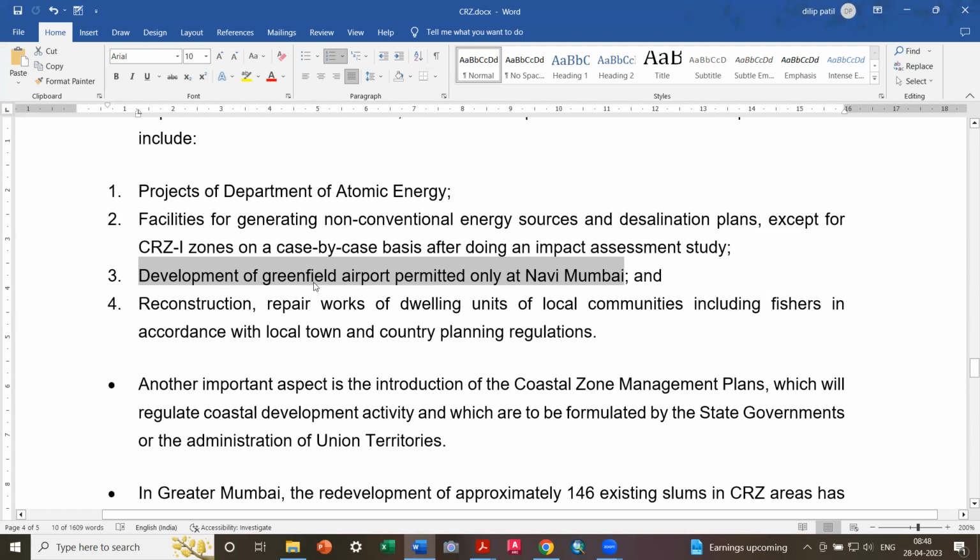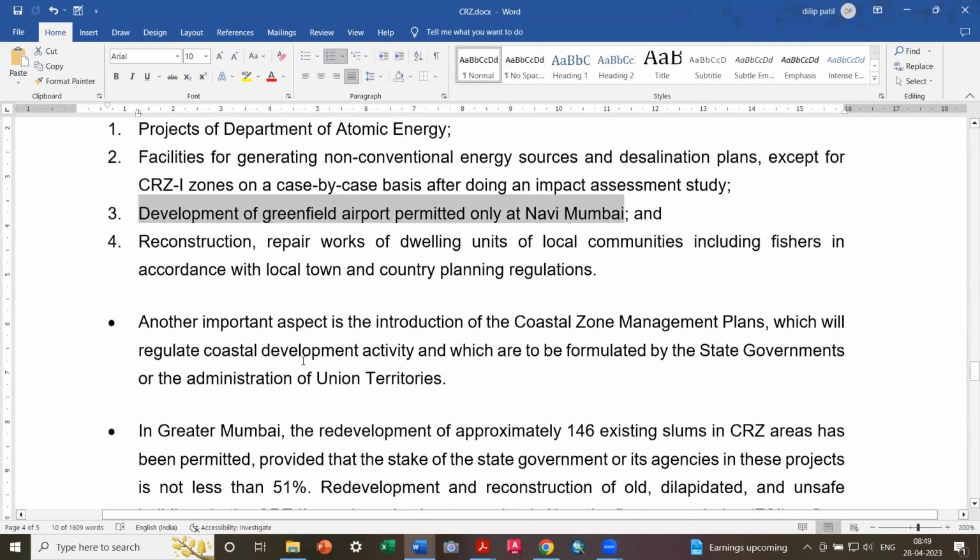So such permissions were given. So reconstruction and repair works of dwelling units of the local community, including fisheries, in accordance with the local town and country planning regulations. जे जुने लोक राहतात कोस्टल एरियामध्ये त्यांना काही प्रमाणामध्ये परवानगी मिळू शकते.